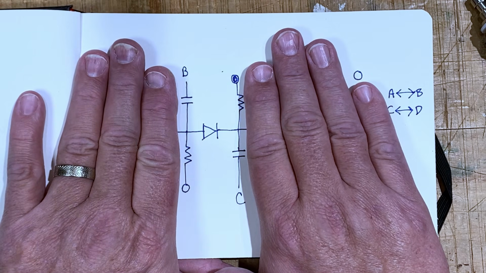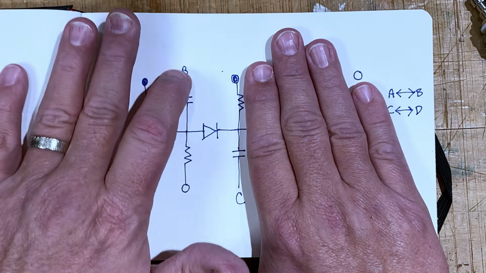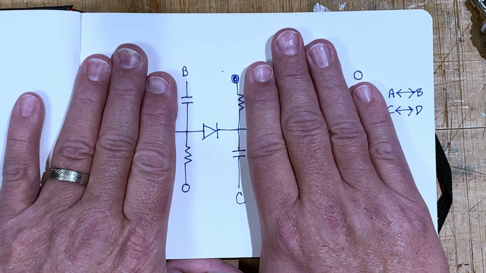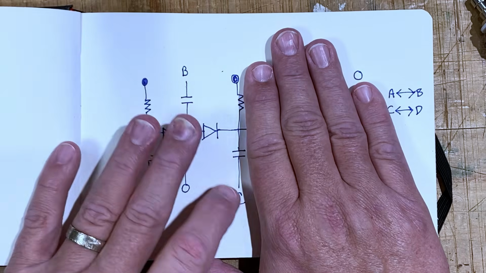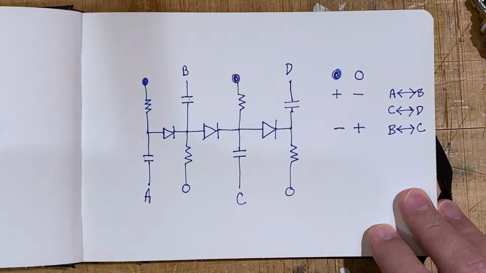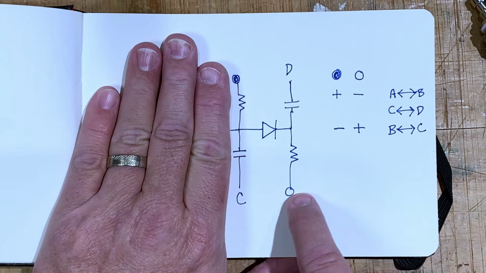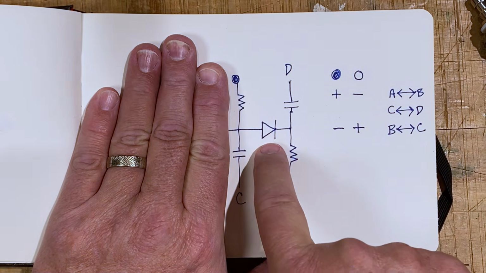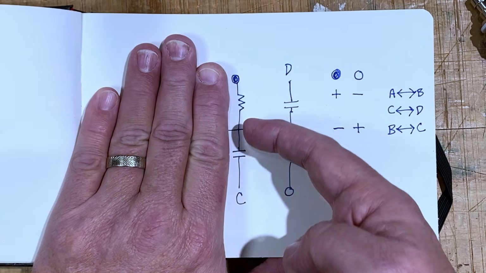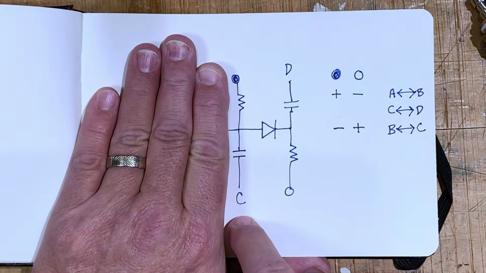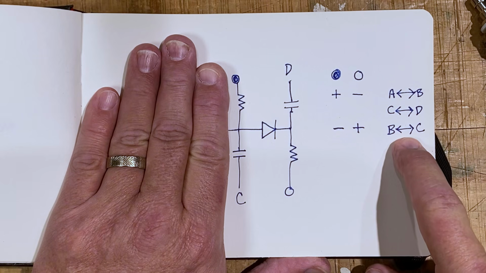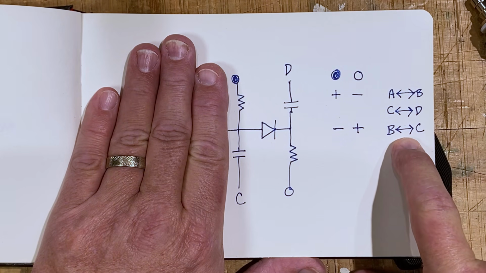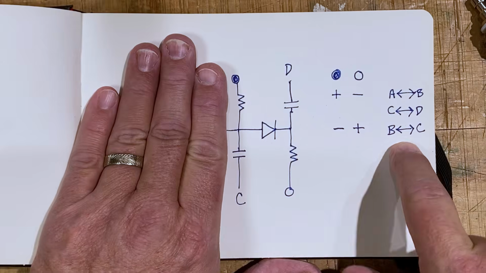So now my path from B to C is open, and I can pass a signal from B to C or from C to B. And last but not least, if this guy is positive, he's negative or ground, this diode is reverse biased, so the path from C to D is blocked. So that right there is the makings of a true bypass switch.